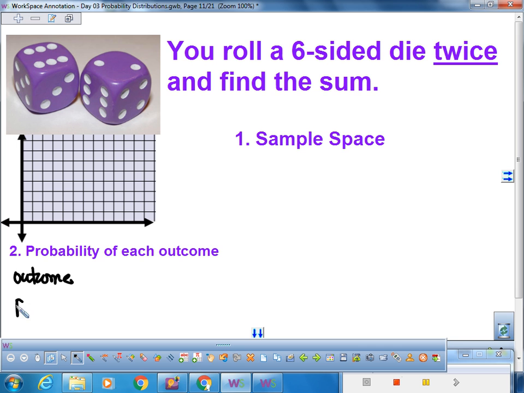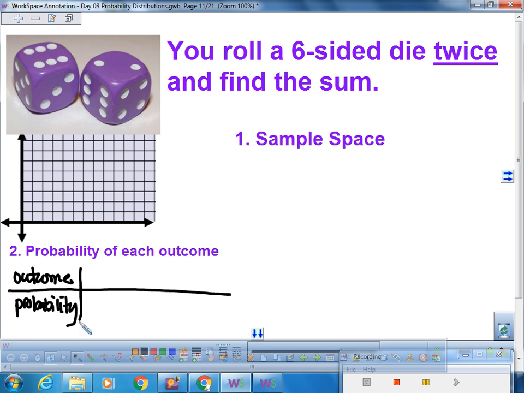Outcome and probability. What are my possible outcomes if I roll 2 dice? You roll 2 of them. What's the lowest possible sum you can get? 2, you have 2 of them. What's another possible outcome? 3.